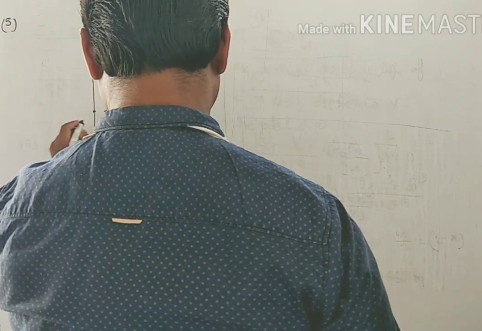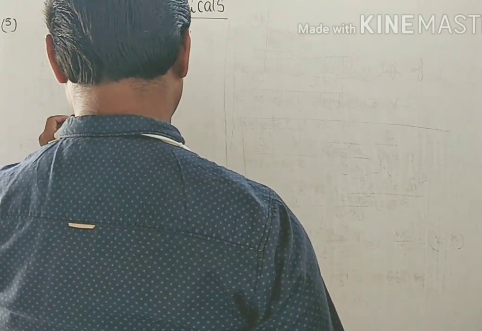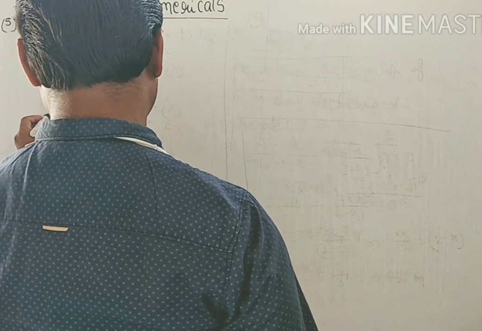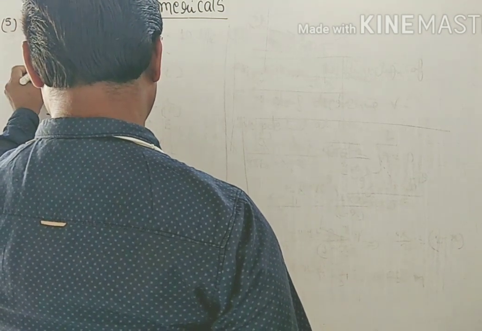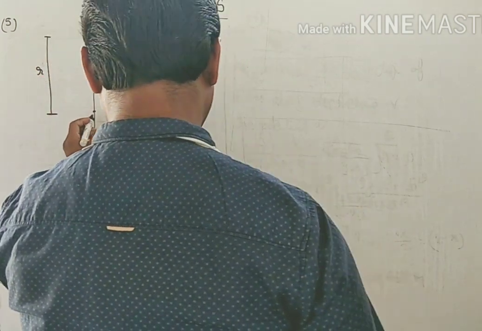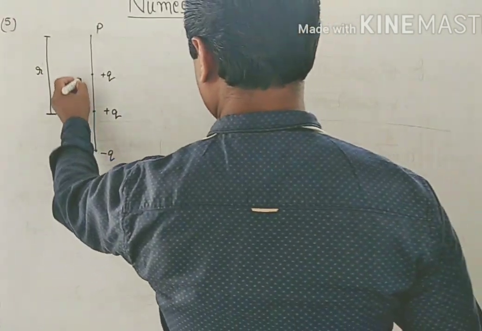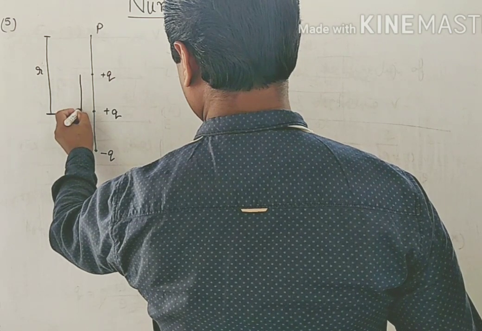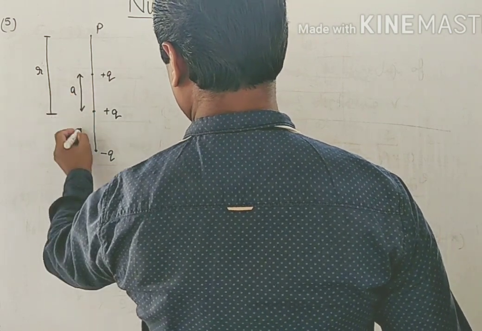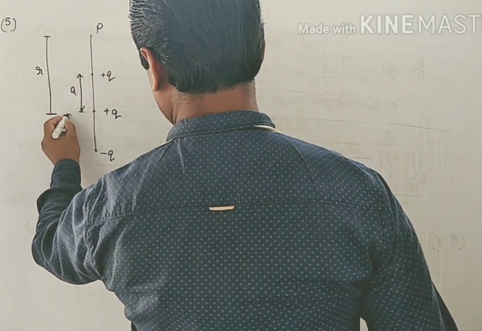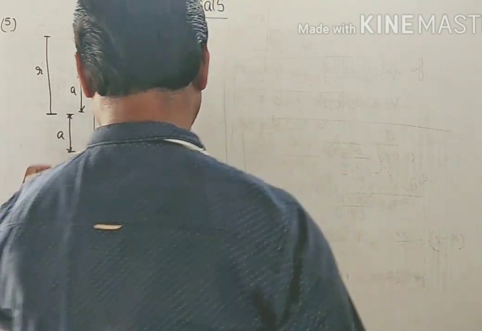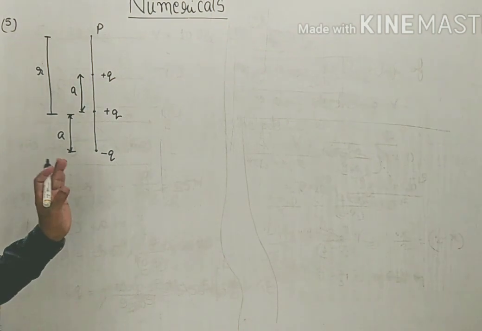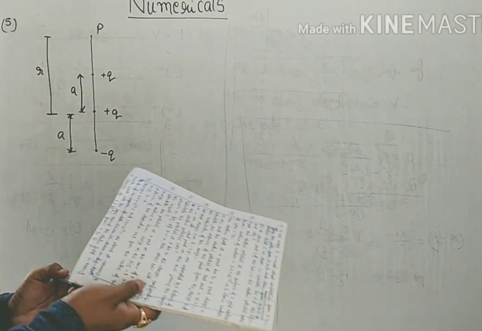The distance from this middle charge plus q to point P is r, and these are at equal distances. This is A and this is another A. Okay students, so this is the question given.